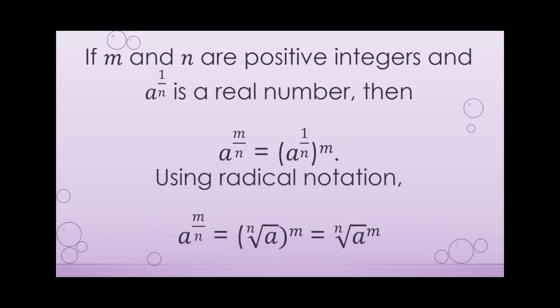Using radical notation, we have now a raised to m over n is equal to the nth root of a, then this is raised to m, is equal to the nth root of a raised to m.